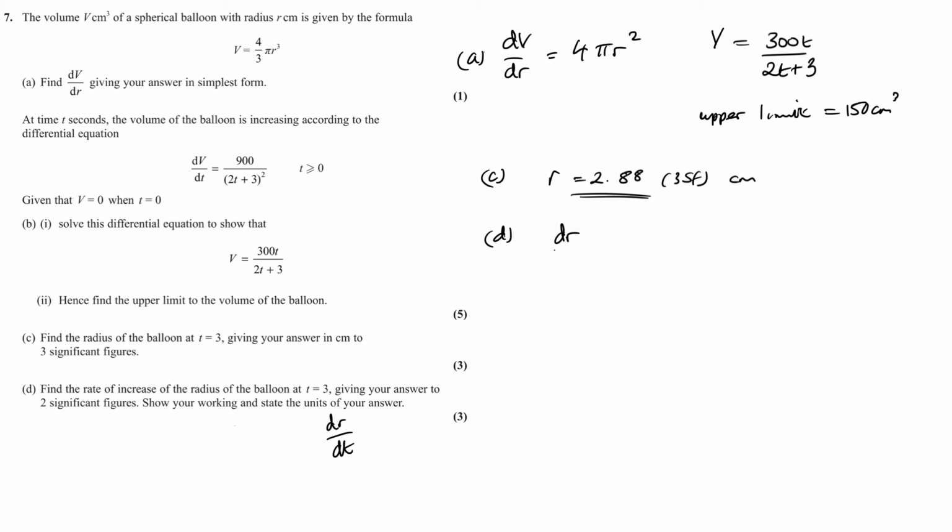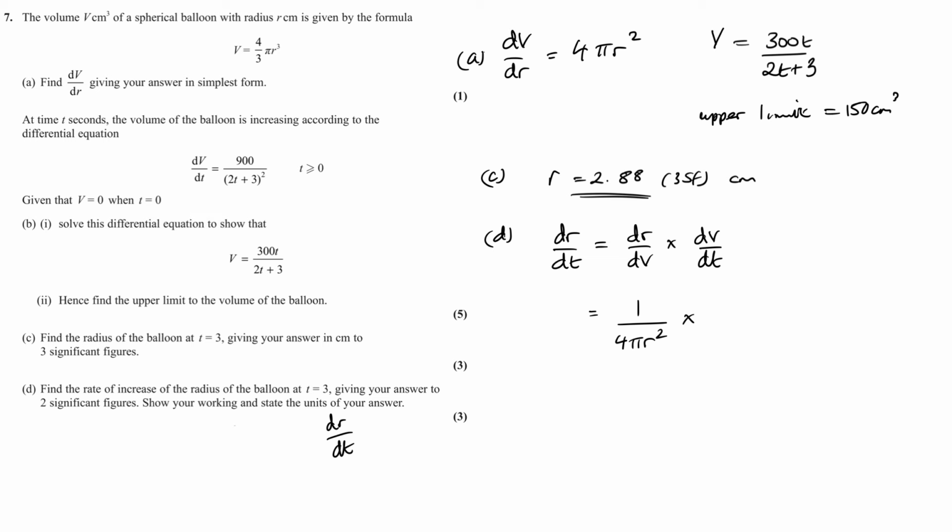So if we want the dr by dt, then, and we've got a dv by dr here, you see, so we can have a dr by dv, and then we need a dv by dt. Yeah, that way the dv's kind of cancel, leave me dr by dt. So dr by dv will be this one, but upside down. So like 1 over 4 pi r squared multiplied by, and then dv by dt is given to us here.